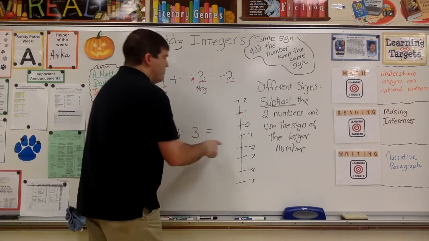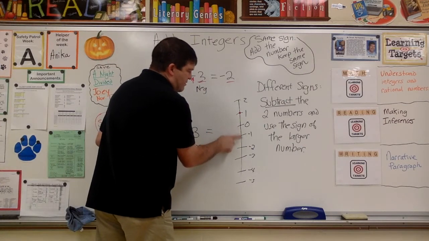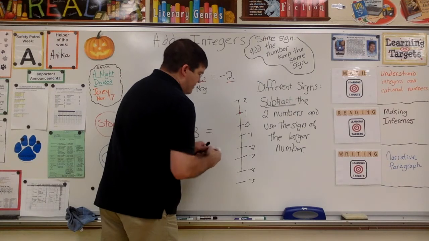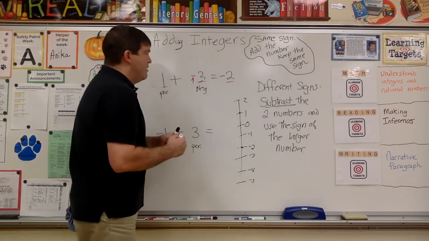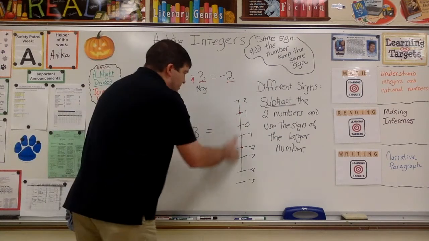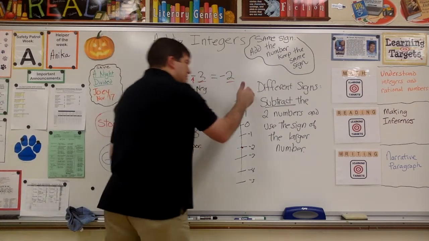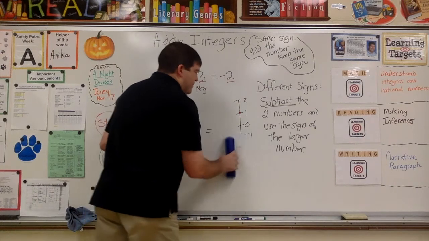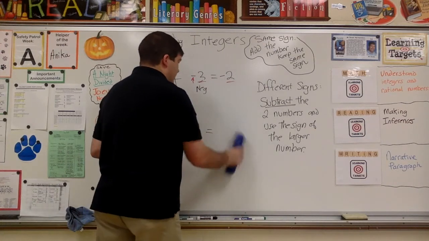Okay? So -3, I'm going to go 1, 2, 3. And so now I'm at -2. So you could do the number line if it's smaller digits, but if it's bigger digits, you're going to want to use this method. Okay?